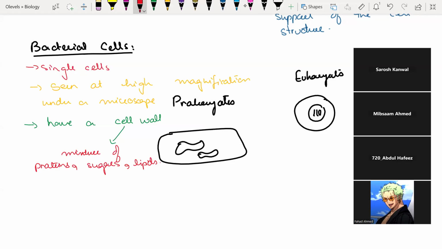So could you tell me the name of that material that is present in the bacterial cell wall? Peptidoglycan. Very good. That complex is named peptidoglycan, which contains protein, sugars, and lipids.